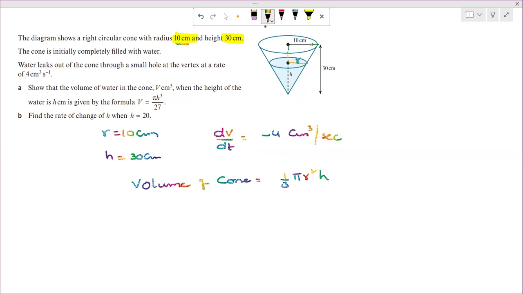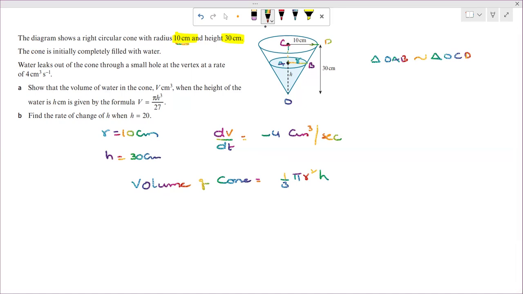These two are similar triangles. I am taking this as O, and this is A, B, C, D. Triangle OAB is similar to triangle OCD. If two triangles are similar, then the lengths of the corresponding sides are proportional.